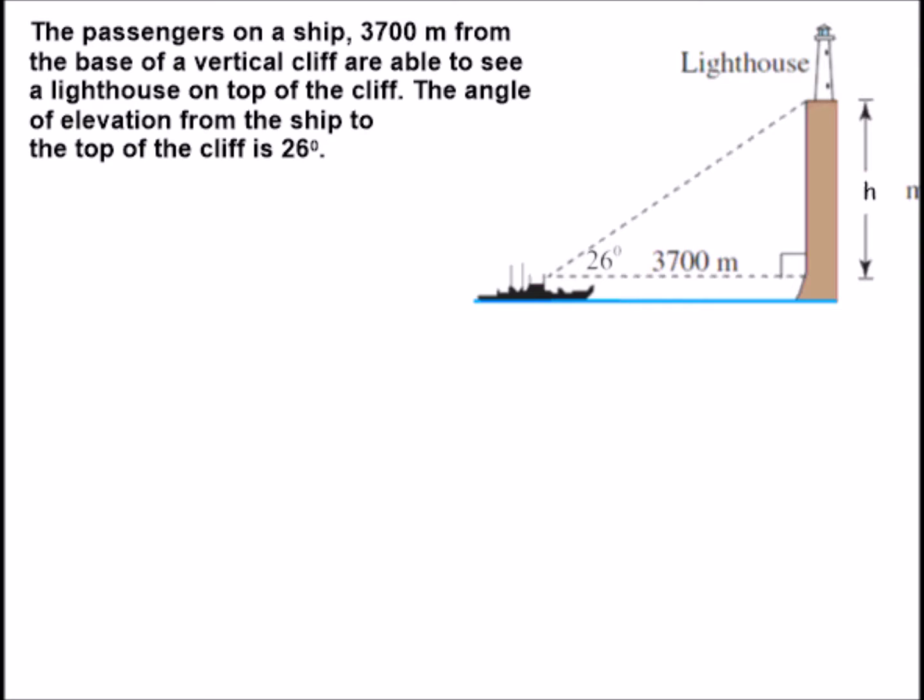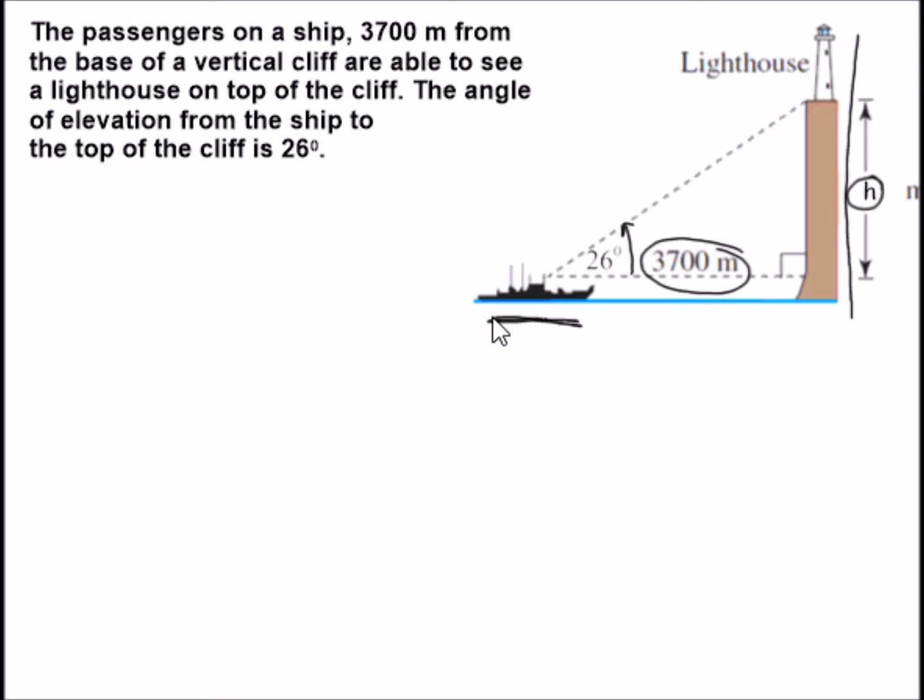Now here we have an example. We have a ship out to sea and we have a cliff here of unknown height. We know the distance from the ship to the cliff is 3,700 meters, and the angle of elevation has been measured to the top of the cliff as 26 degrees. So we can use that to work out the value of h here, which is the height of the cliff. First thing we do is write down the trig ratio.